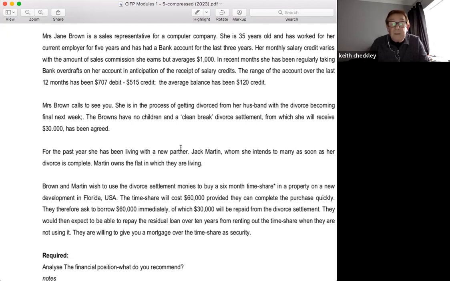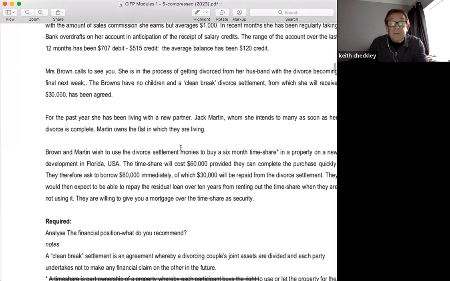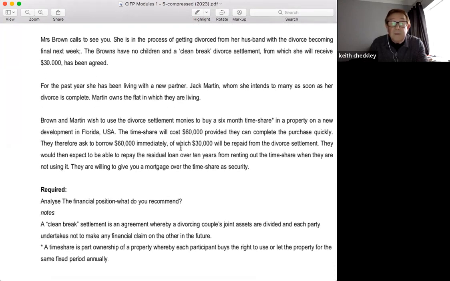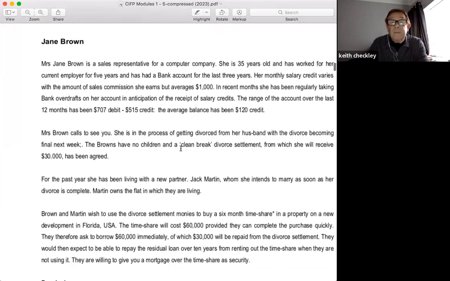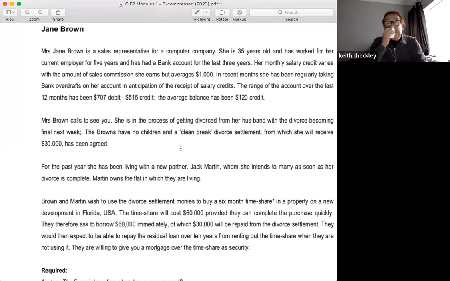They would expect to be able to repay the residual loan over 10 years from renting out the timeshare when they're not using it, and they're willing to give you a mortgage over the timeshare as security. So analyze the financial position, and what would you recommend? Let me just give you a couple of minutes to think about that, and then we'll discuss it.